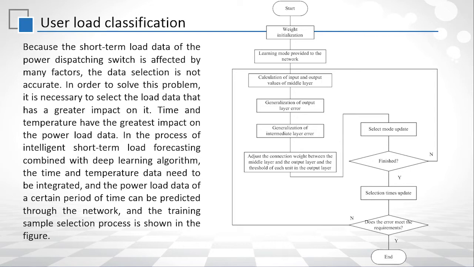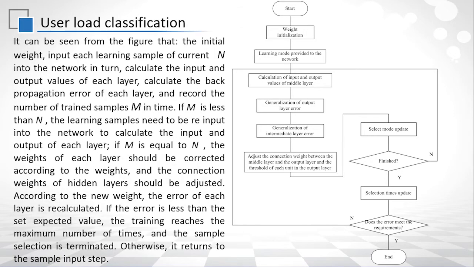So, in the process of intelligent short-term load forecasting combined with deep learning algorithm, the time and temperature data need to be integrated, and the power load data of a certain period of time can be predicted through the network. And the training sample selection process is shown in the figure.